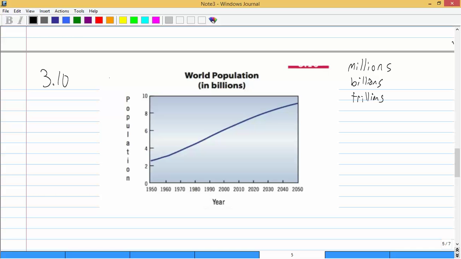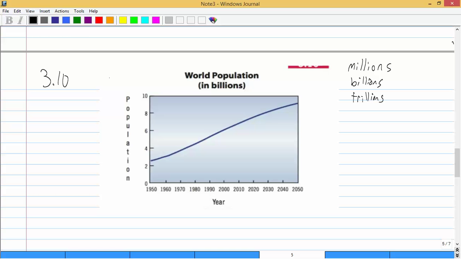And a trillion seconds is like 30 something thousand years. So it's hard to conceptualize. The difference between a million, a billion, and a trillion is a lot.